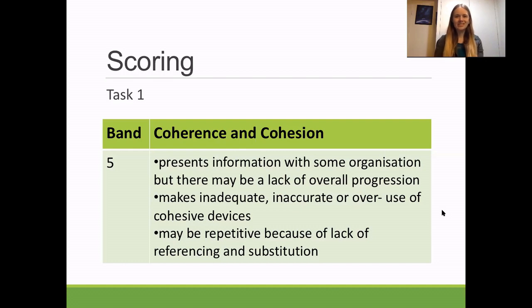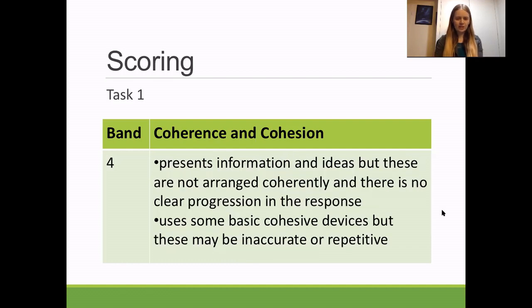So it's inaccurate, it's not enough, or it's too much. And then maybe repetitive because of a lack of referencing and substitution. So you don't want to sound like you're repeating information. There is a lot of information in these charts for you to write 150 words about it. So you don't need to say the same facts multiple times.